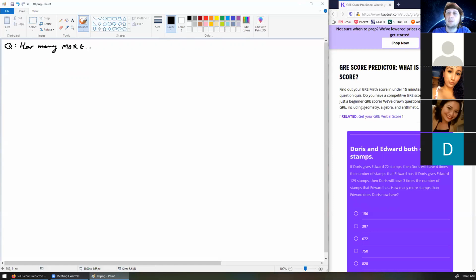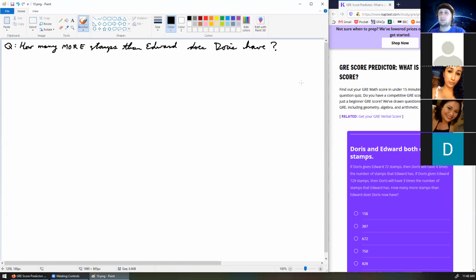We already know Doris has more stamps in general. So it's not asking how many stamps does Doris have. It's asking how many more than Edward she has.